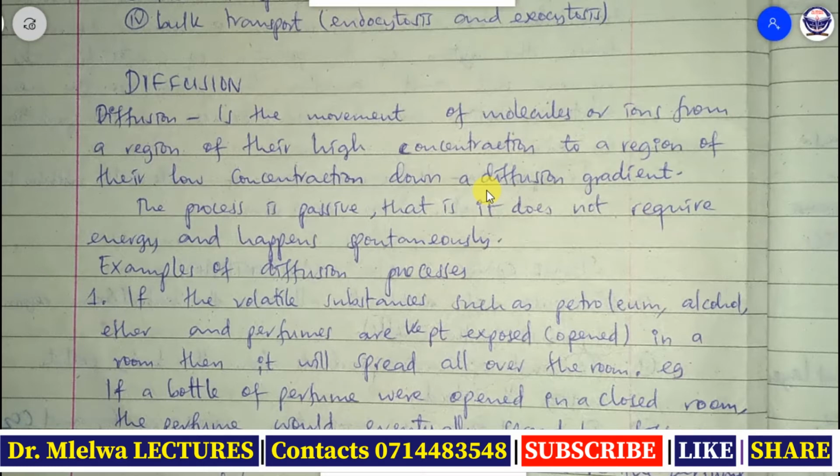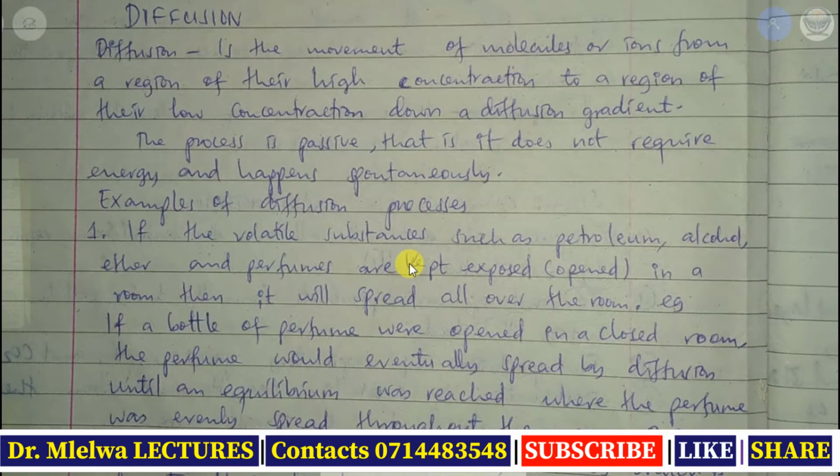That means it requires one side to have a high amount of molecules and another side to have a low amount of molecules. The diffusion process is passive, and it does not require energy and it happens spontaneously. Kwa hiyo passive maana yake haihitaji energy.